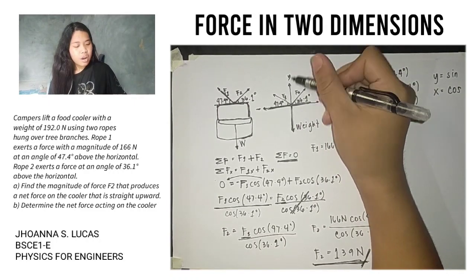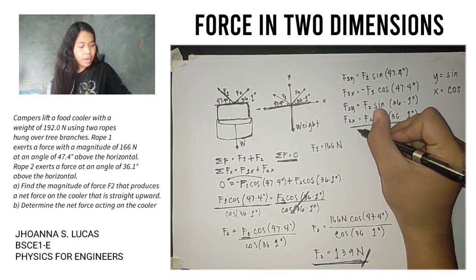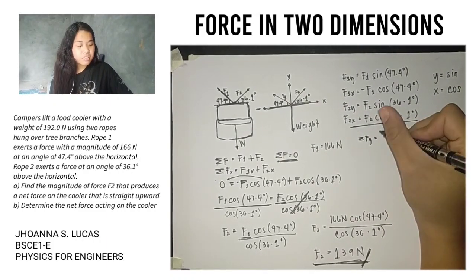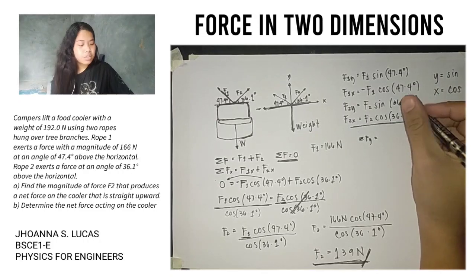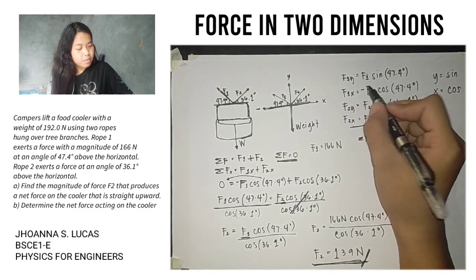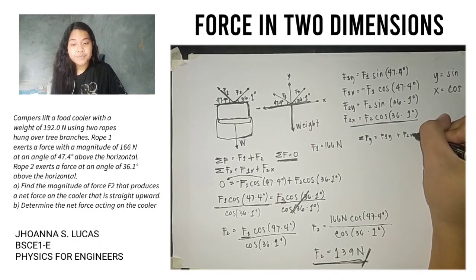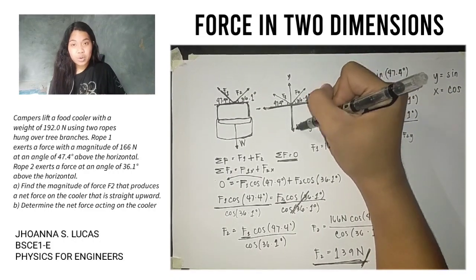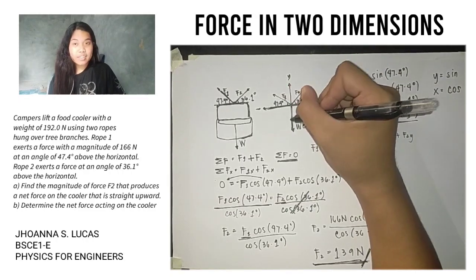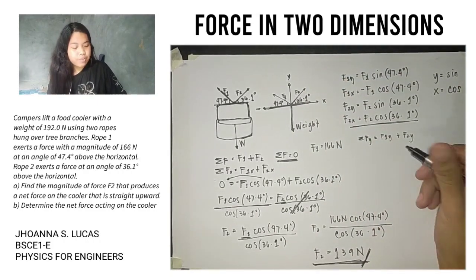So our equation here will be summation of F sub y is equal to, like earlier, the forces F sub 1y plus F sub 2y. Since we are asked the force acting on the cooler, we need to use the y-axis since the rope lifts it up.